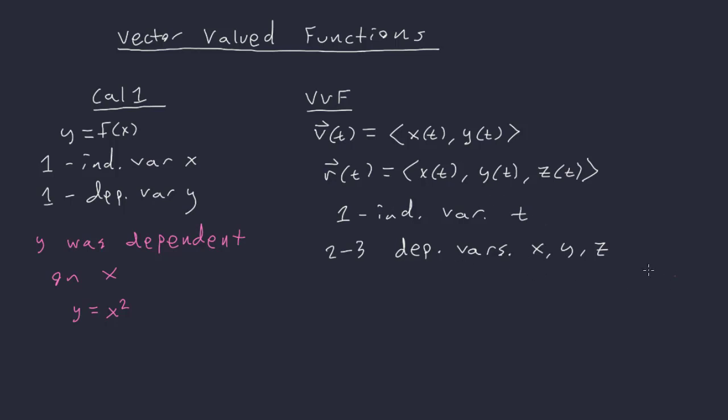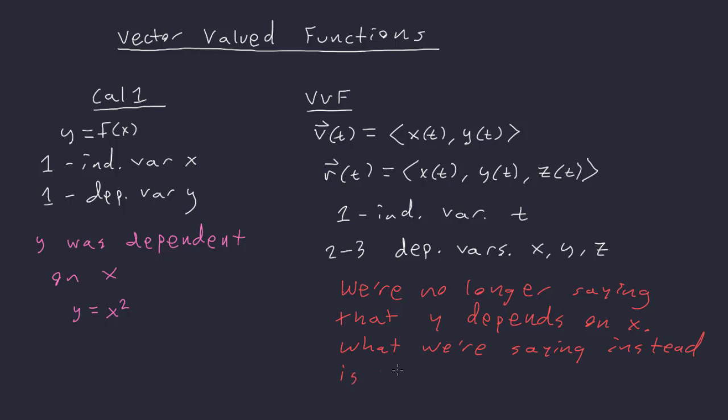Whereas here, we're not saying y depends on x. What we're saying instead is that y and x and z, if we're talking about 3 dimensions, are independent of each other.